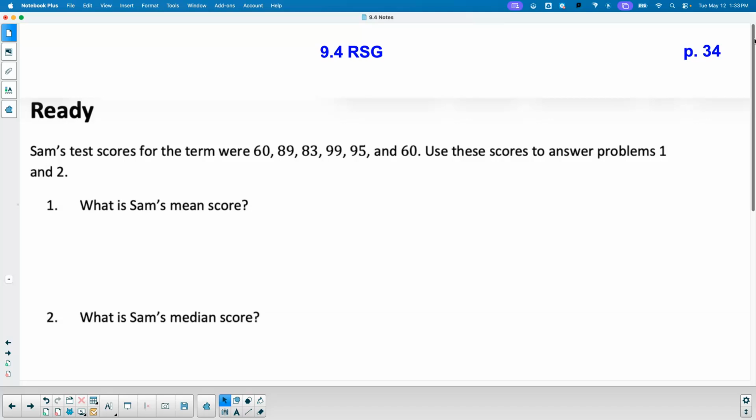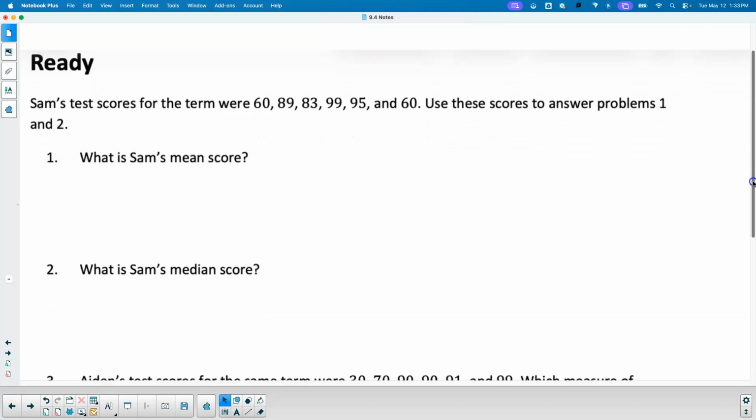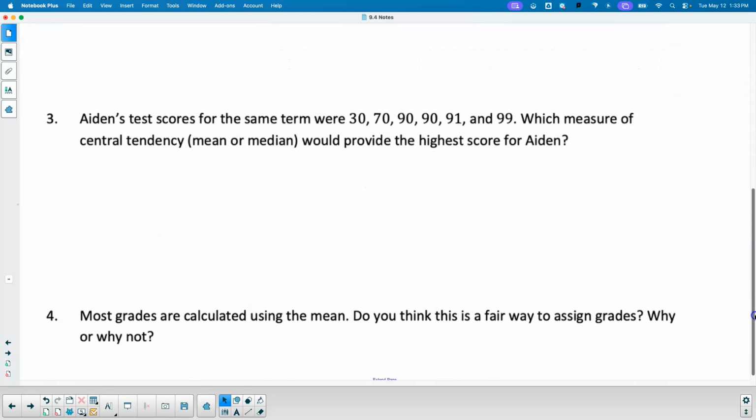It's already fixed on your stamp sheets, or it should be, the numbers should be good on this one. Mean and median, we're good there.